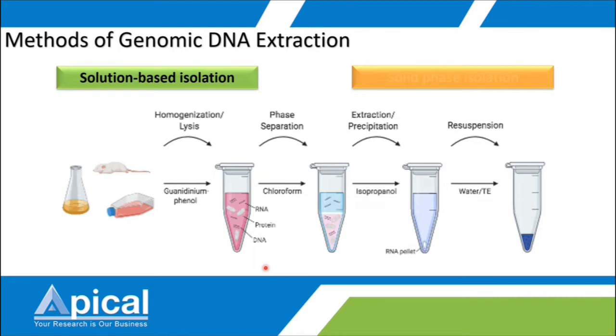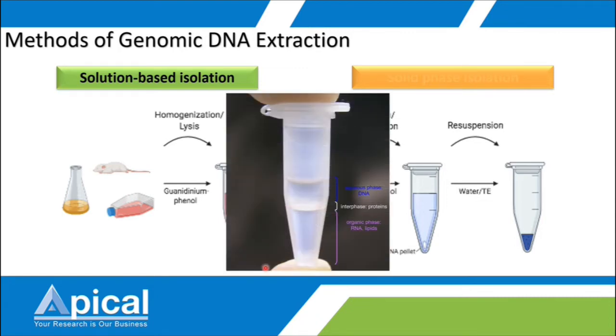From here, you will find there are three phases of solution in your tube. The upper layer usually is an aqueous phase which carries DNA. Then the middle phase is the thin layer of the interface which carries protein, while the bottom layer usually is the organic phase which carries RNA and some lipid from the cell.